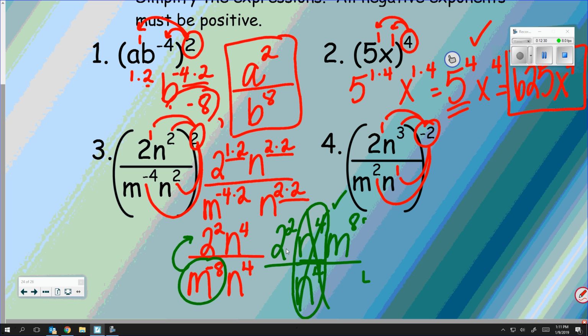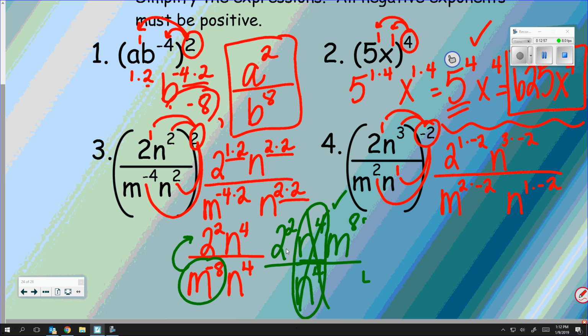So we're going to have 2 to the first power times the negative 2, and n to the third power times the negative 2, divided by m to the second power times that negative 2 we distributed, and n to the first power times that negative 2 that we distributed.